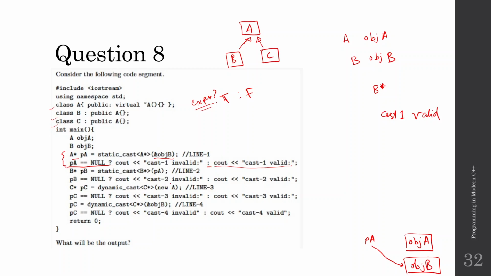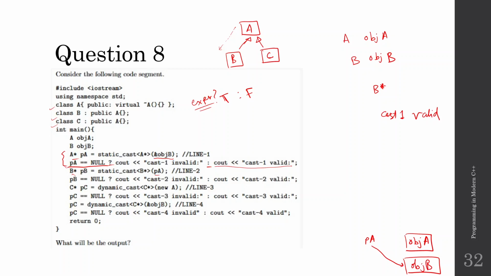Then we come to line 2. Here we are static casting PA to a B star type pointer. If you remember, PA is of type A star, and now we are casting it to a B star type object. So what will happen, will this be allowed or not?